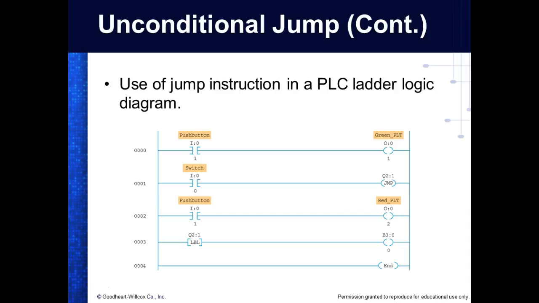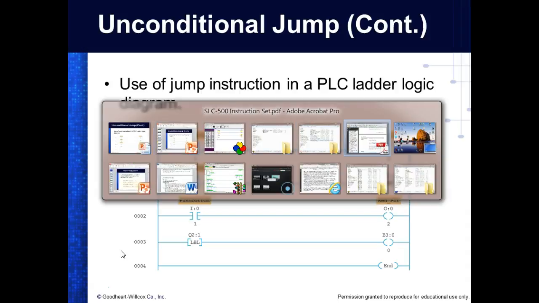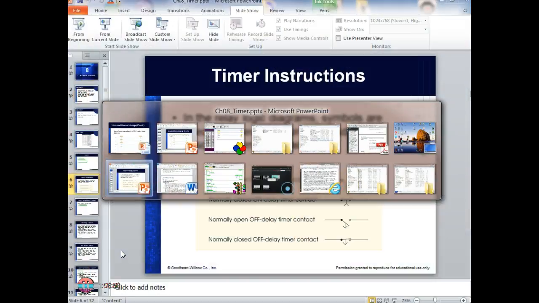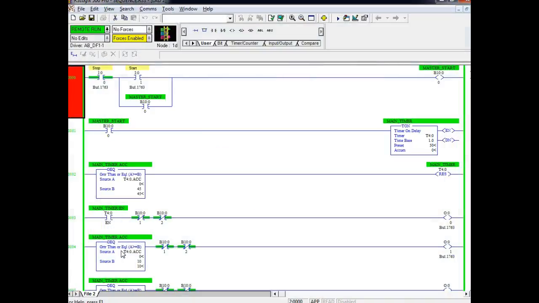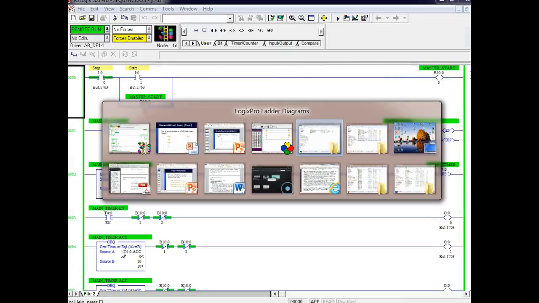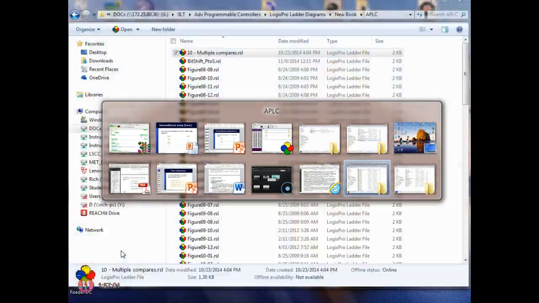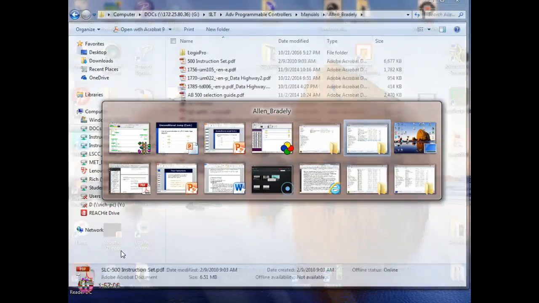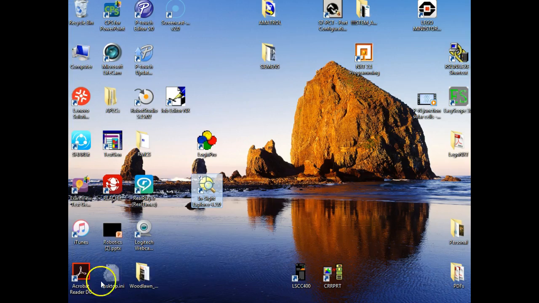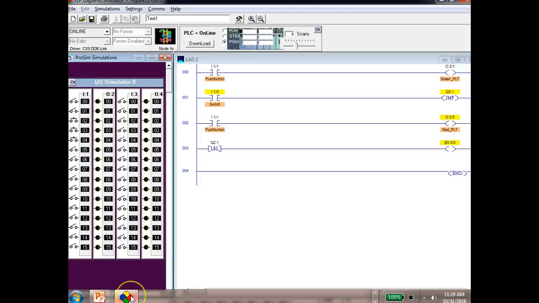So let's run this and see it work. Well, I brought the line up. What's nice is that they gave us every one of these programs in Logic Pro. As I find, I've seen those B numbers get up to 275, 565. Now, when we say it's limited, this is RSLogix 500, right?